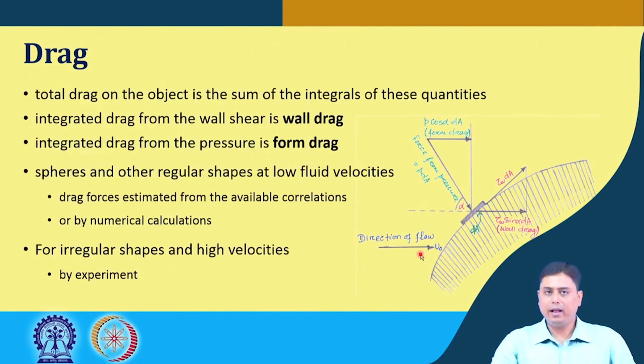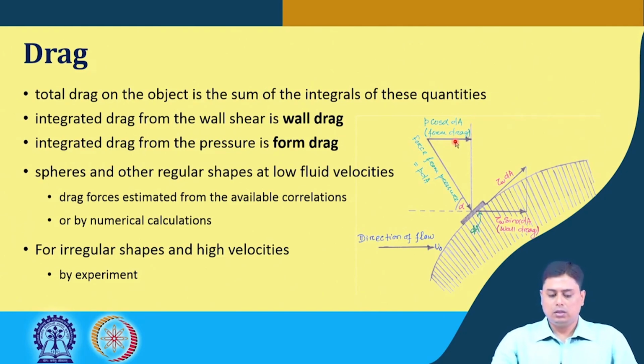So the total drag on the object is the sum of the integrals of these quantities we have mentioned, one arising from the force due to pressure and the other from the wall shear. The integrated drag from the wall shear we call wall drag, and the integrated drag from the pressure component we call the form drag.